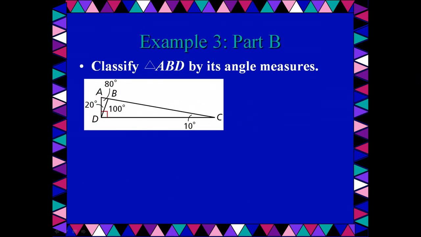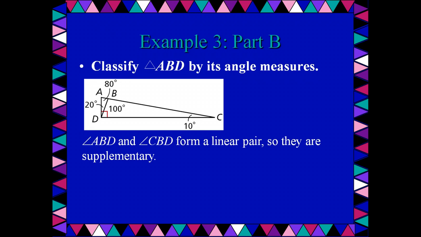Let's try another one. Let's look at ABD by its angle measures. A is 80 degrees, and our little part of D there is 20 degrees. ABD and CBD form a linear pair, so they're supplementary. That's ABD and CBD, these 2 angles here.